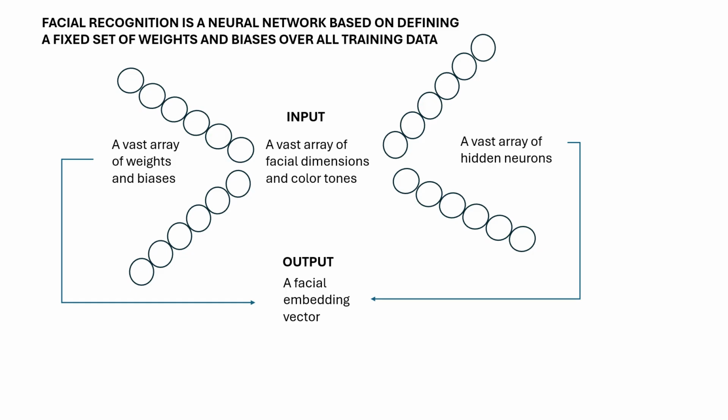And then when a new picture or image is taken, it's compared to that database. And again, in that process, all the weights and biases are fixed for everybody's face. Okay, so we do that with a vast array of weights and biases and a vast array of hidden neurons.